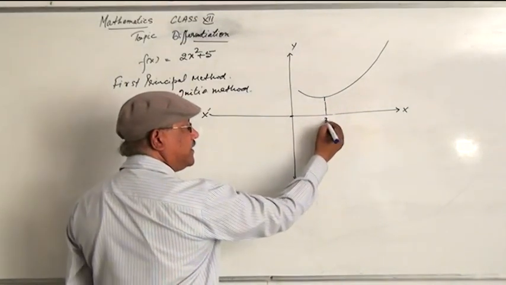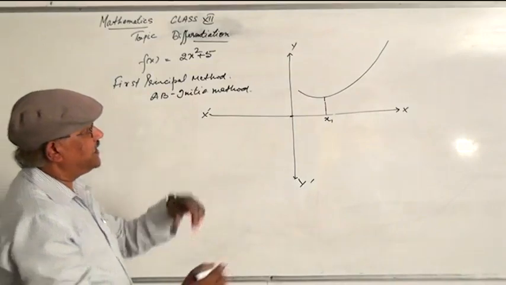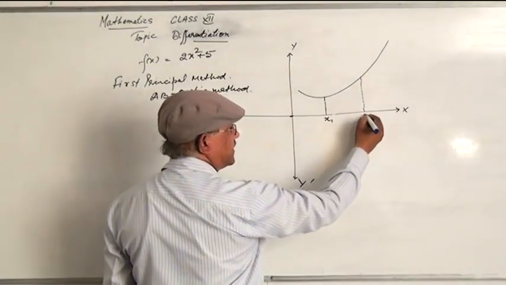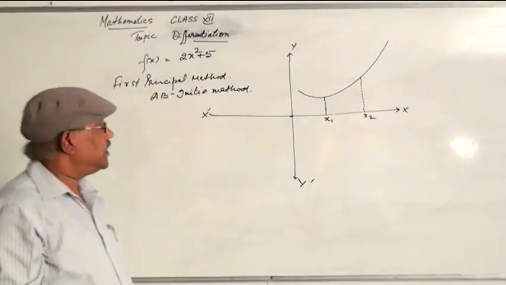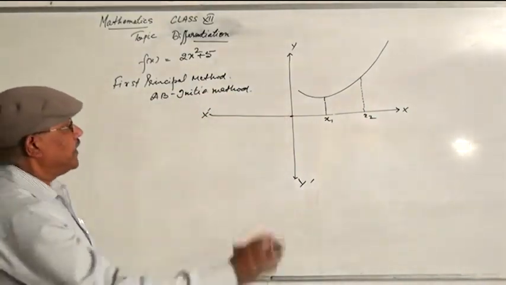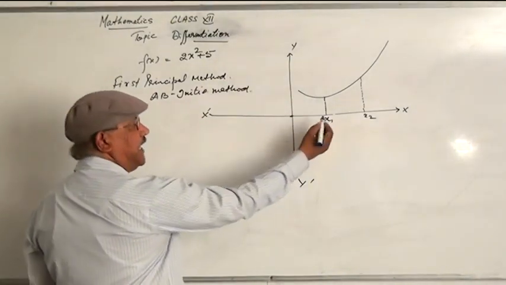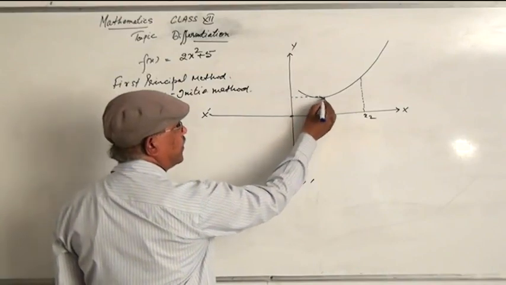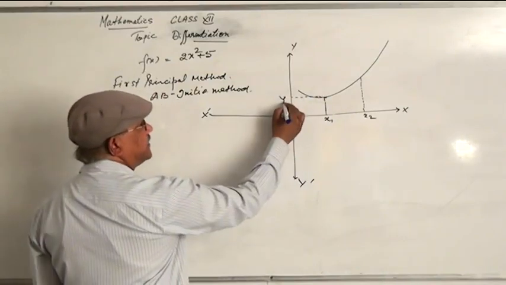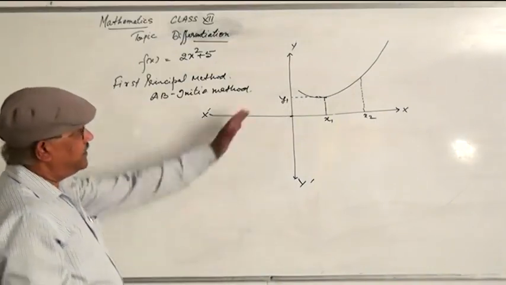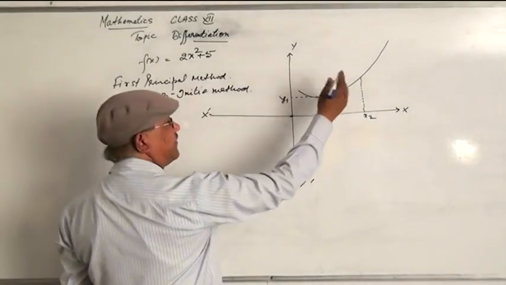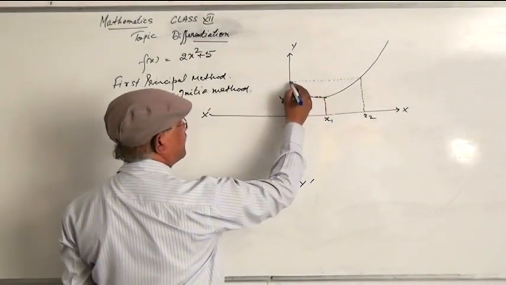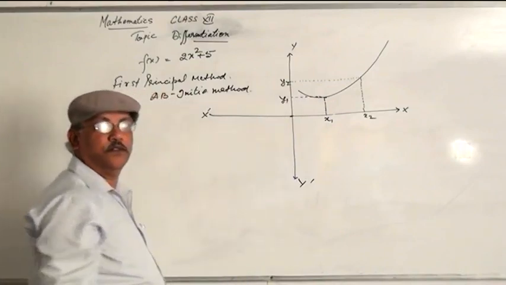Suppose this is the first point, say x1. Any other point on the graph we are taking, suppose this is x2. So x1 and x2 are okay. Now this graph at x1 must have some value on the y-axis. Let this be y1, and at x2 suppose this graph has its value as y2.